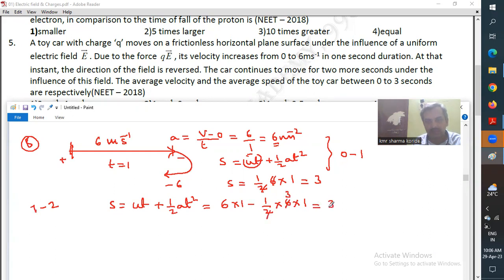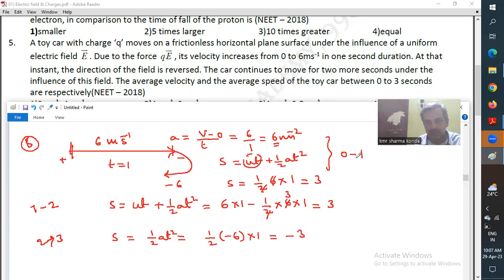So 6 minus 3 is 3. Now, last, between 2 to 3 seconds, assume that after 3 seconds it is coming to rest. S is equal to half at square. Acceleration is negative, half into minus 6 with t again 1 second, 2 to 3 seconds gap. So therefore, this is minus 3.